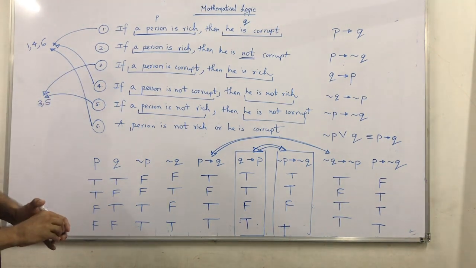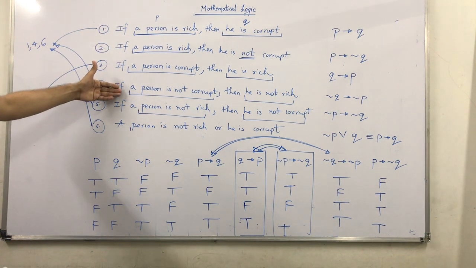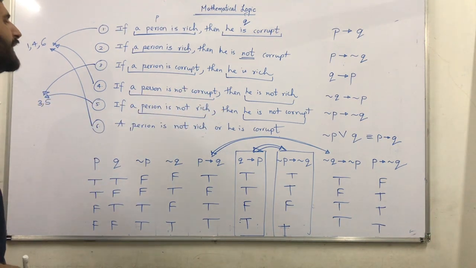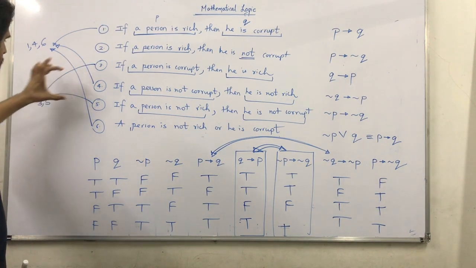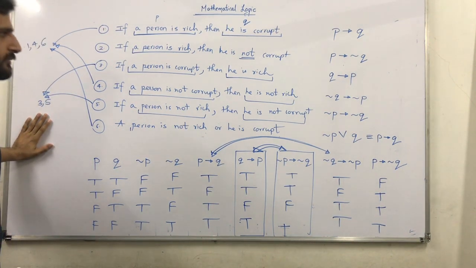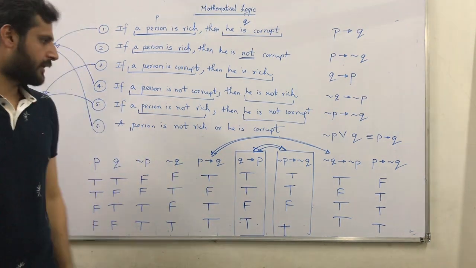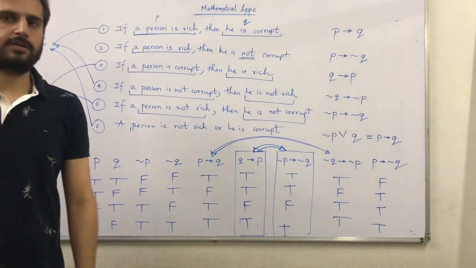Q implies P is the converse and the fifth statement is the inverse. As we proved, converse and inverse are logically equivalent, so 3 and 5. Implication, contrapositive and negation P or Q are logically equivalent.